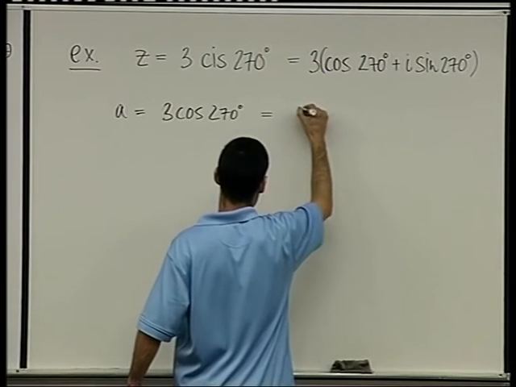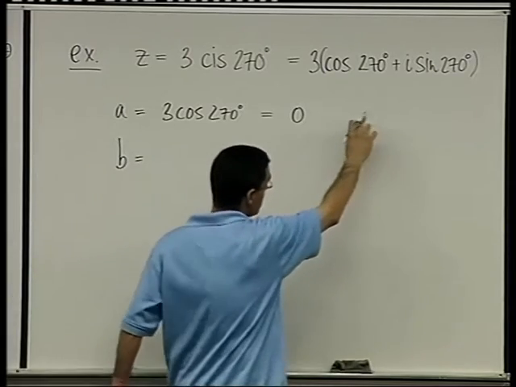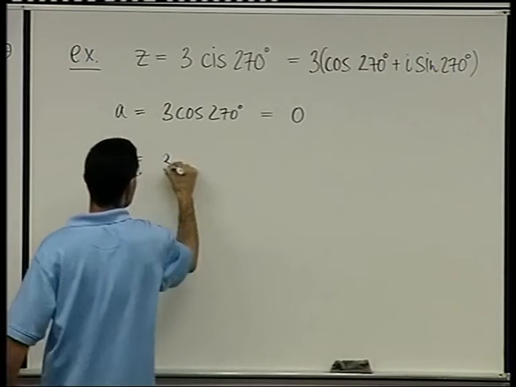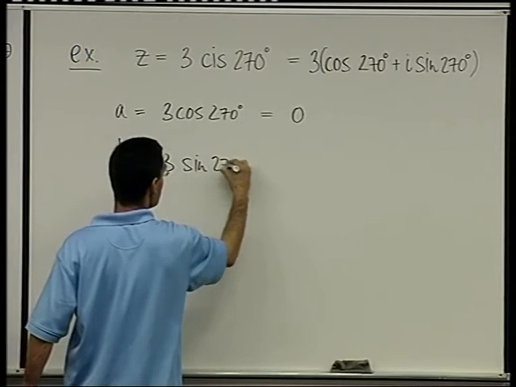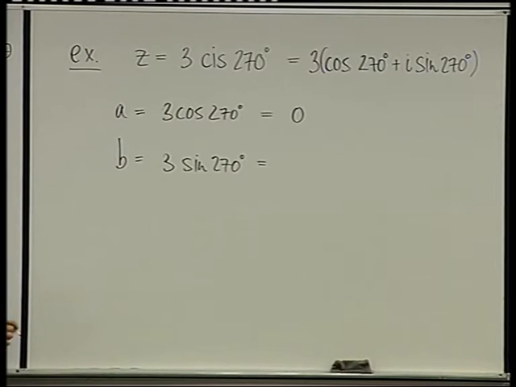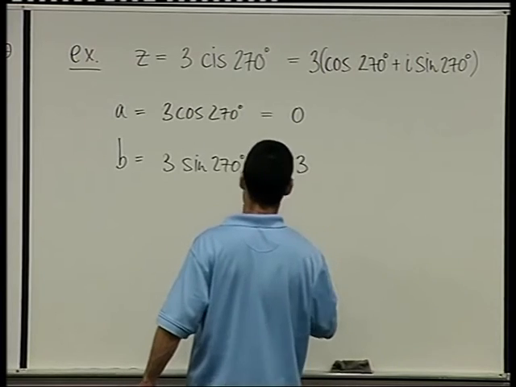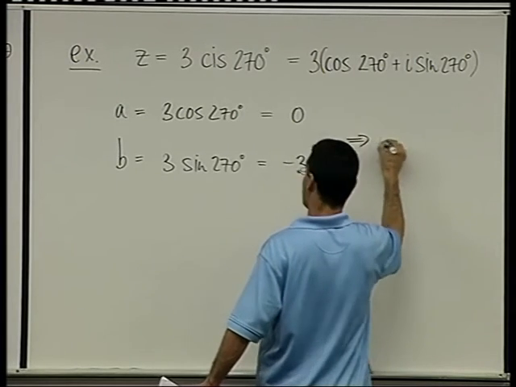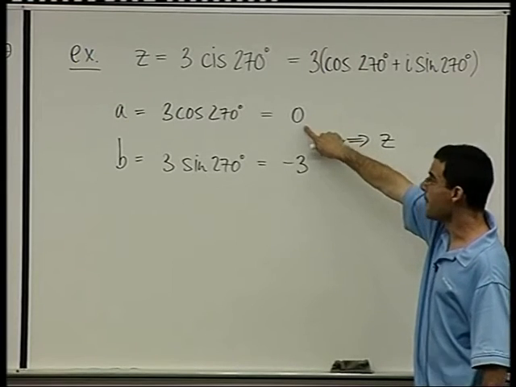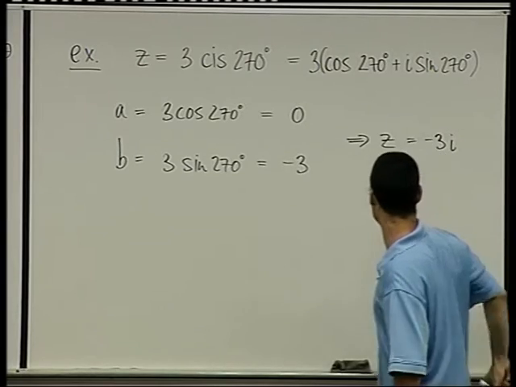So a is just 0. b, the imaginary part, is 3 times sine of 270. Sine of 270 is minus 1. So we get minus 3. So z equals, in algebraic writing, 0 minus 3i, or just minus 3i.